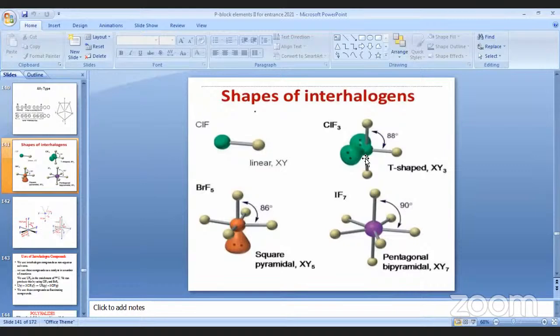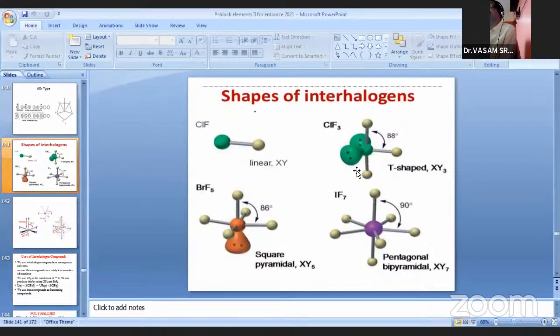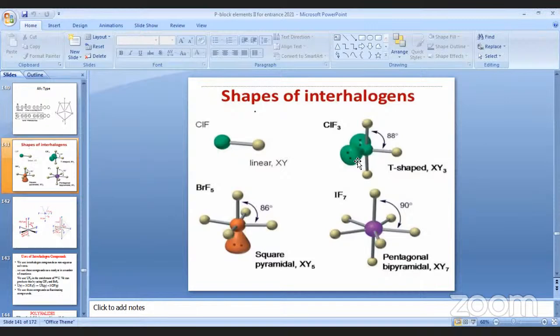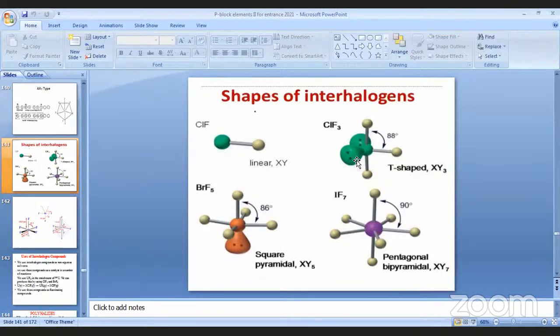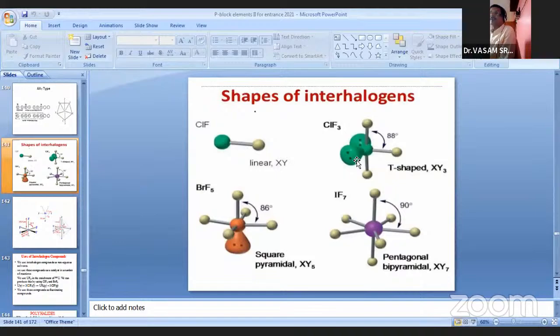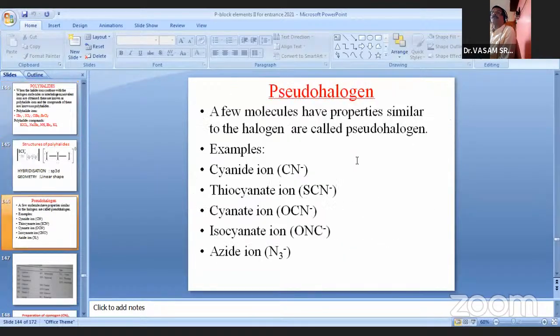This one, ClF3, T shape, sp3d. So how many sigma bonds and how many lone pairs? 3 sigma bonds, 3 bond pairs, two lone pairs. 3 plus 2, 5. 5 means sp3d. Right. Good. Okay, next question.